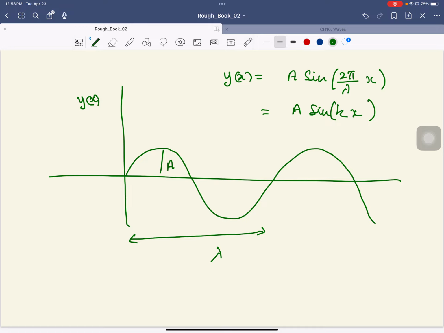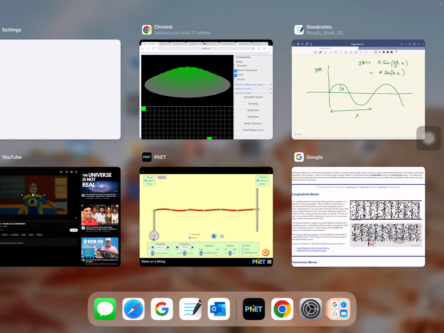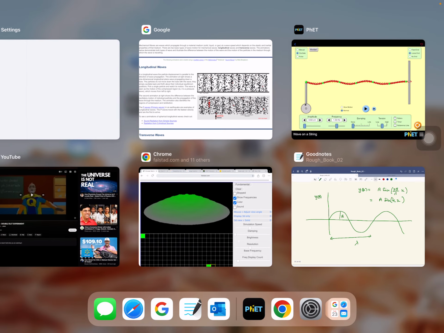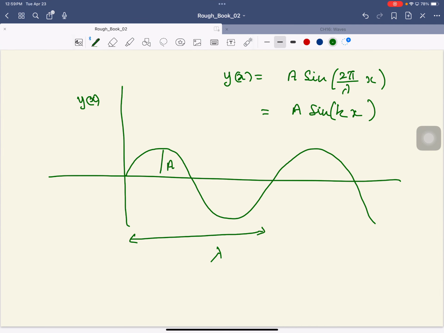All right, so we've learned how to write that. Now make him travel to the right. How do you make him travel to the right? Minus vt.